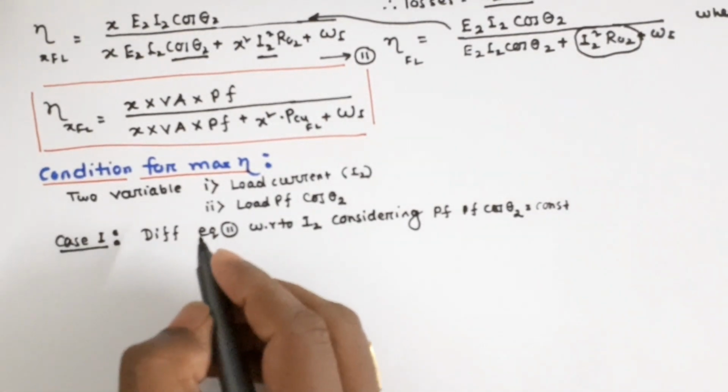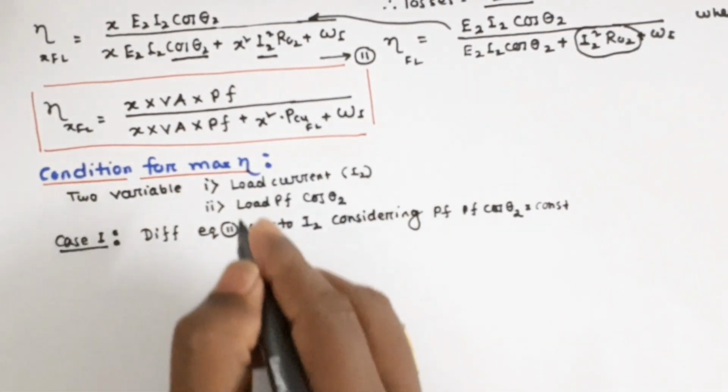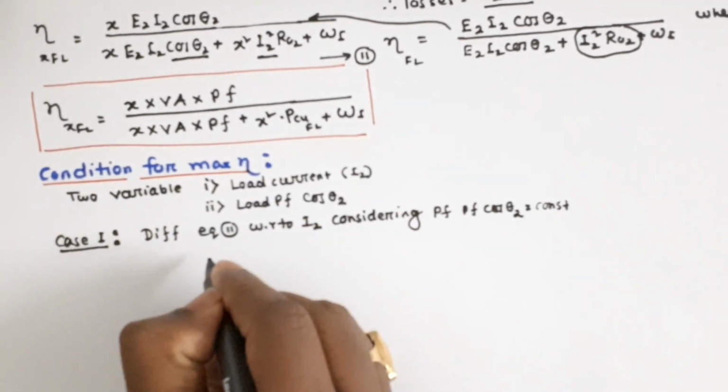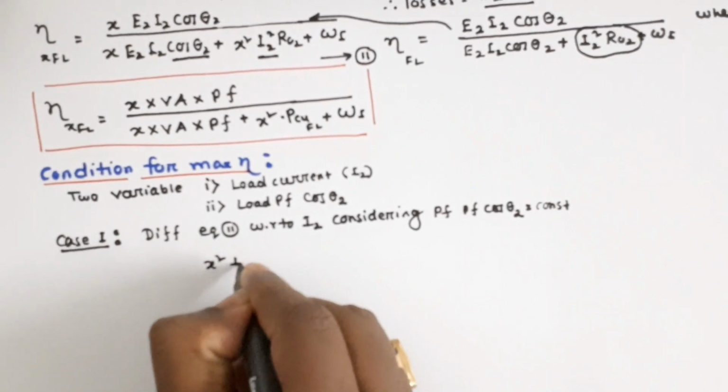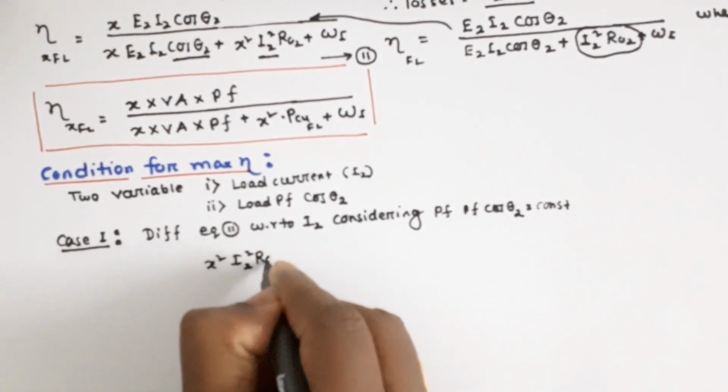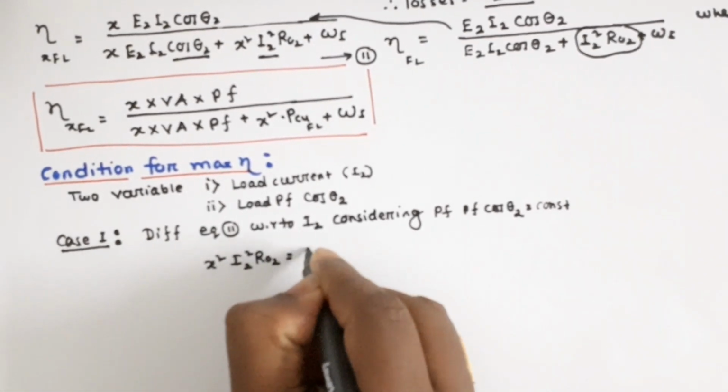Therefore, if I differentiate, then we will get the relation x square into I2 square R02 equal to Wi.